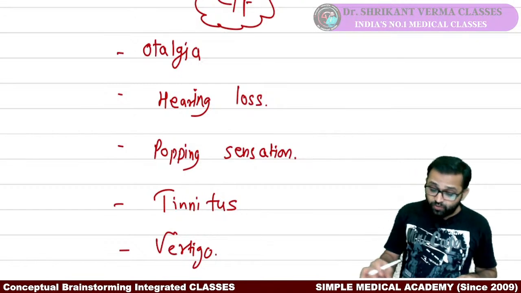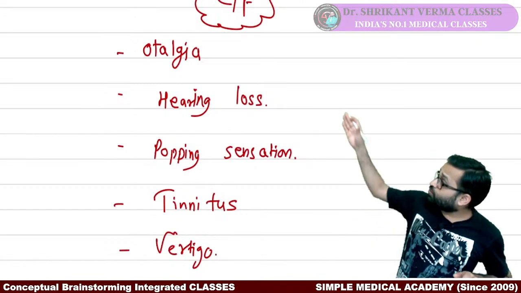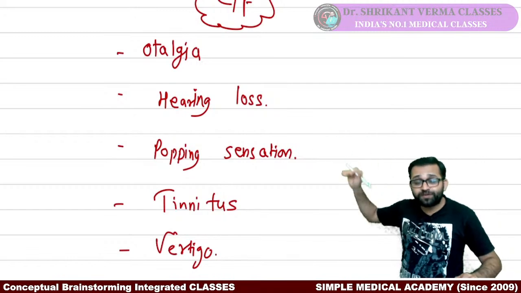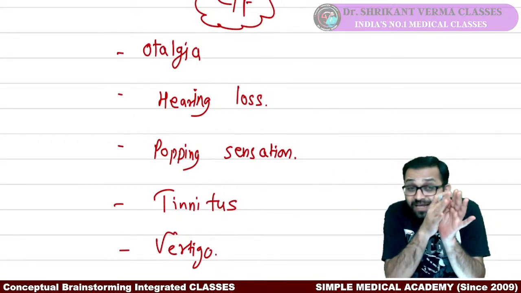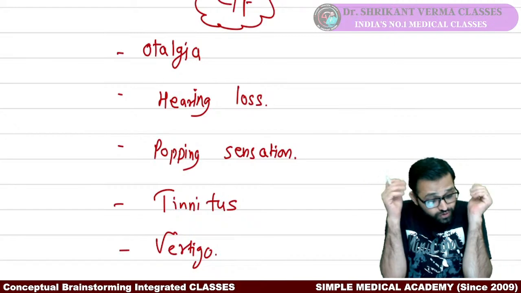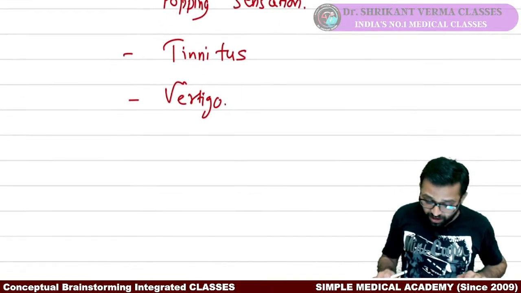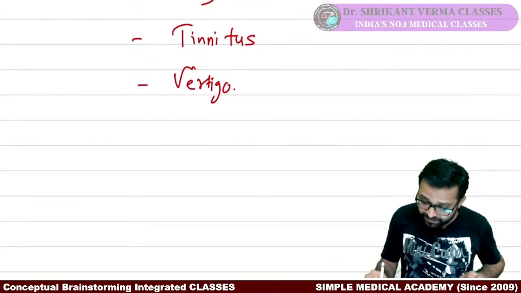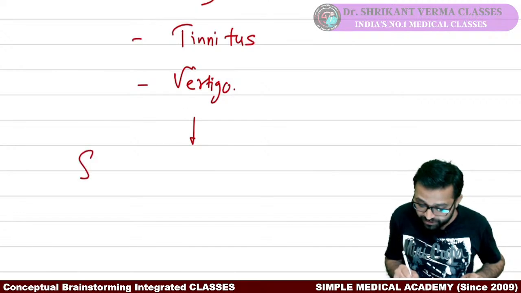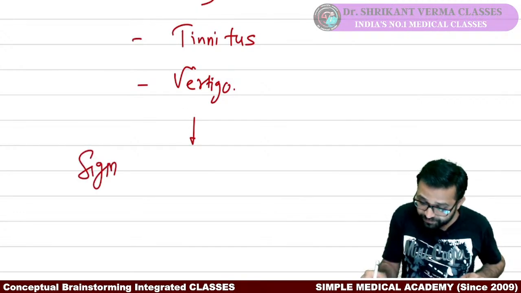Getting the point? Now, okay, but this otalgia, hearing loss, and popping sensation can appear in any other kind of disease also. So how will you identify? Try to understand how you will know that this is a case of Eustachian tube block. For it, you will look for the different signs.